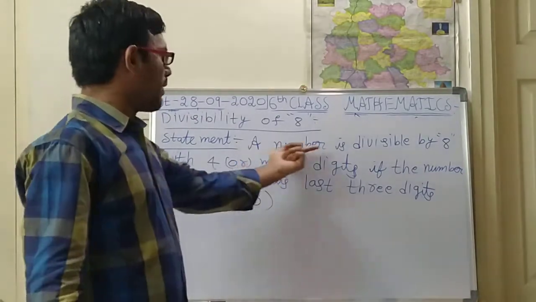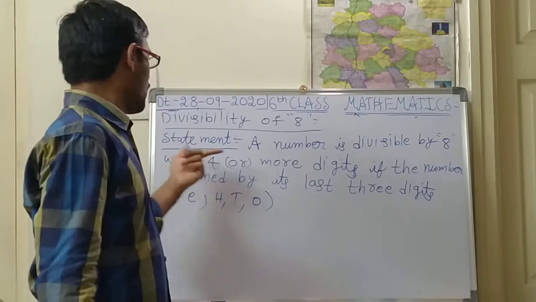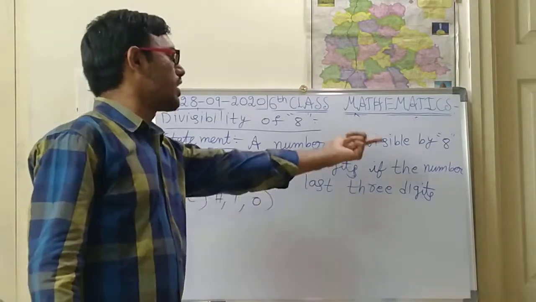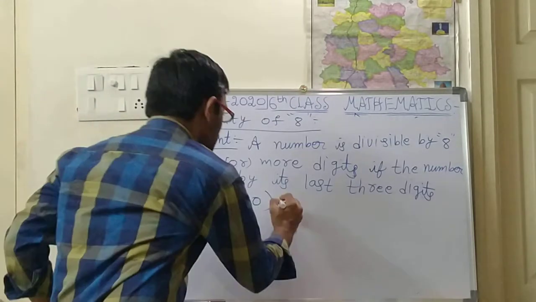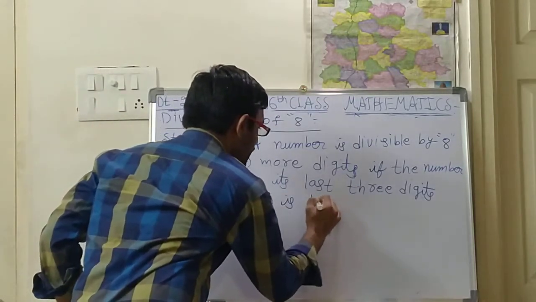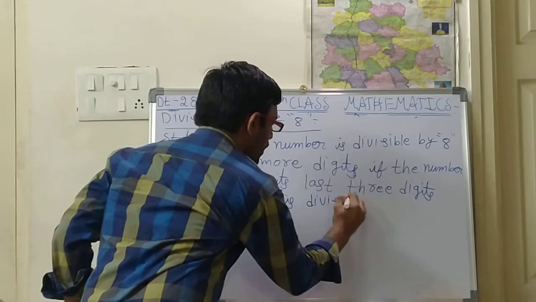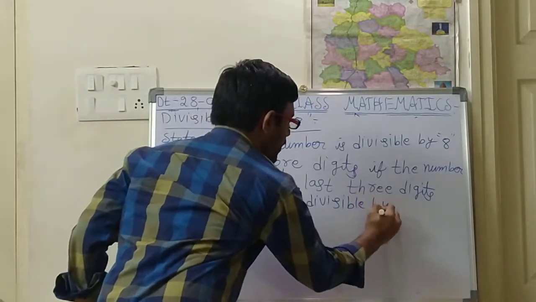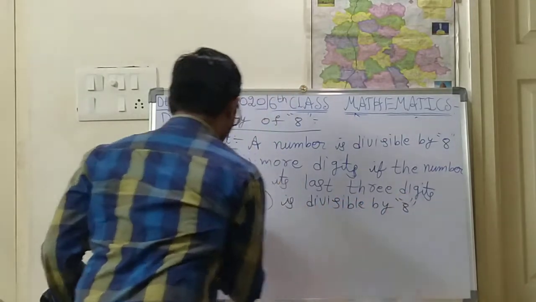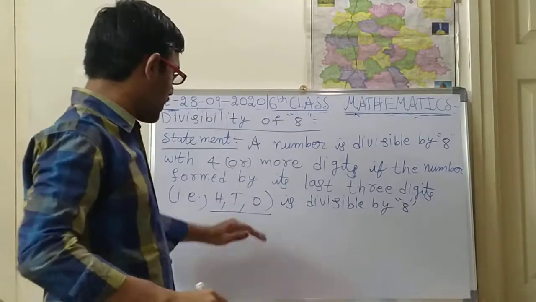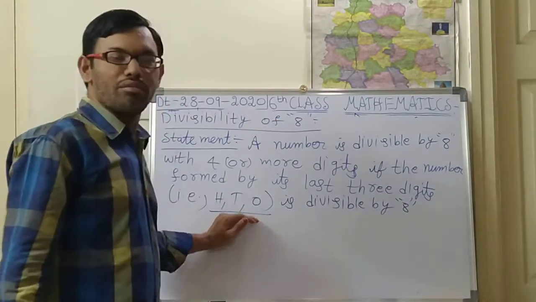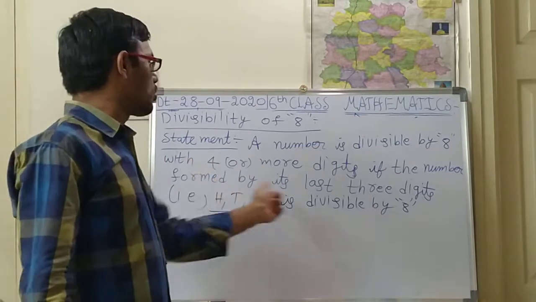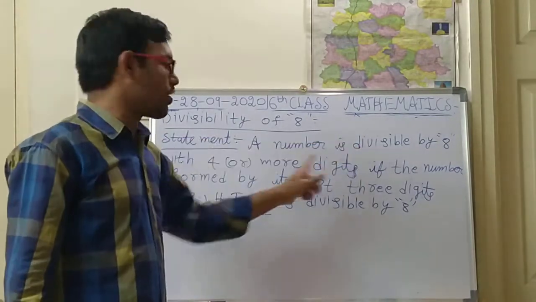So a number with 4 or more digits is divisible by 8 if the number found by its last 3 digits is divisible by 8. If the last 3 digits of that number are divisible by 8, then the total number is divisible by 8. That is what we are saying.